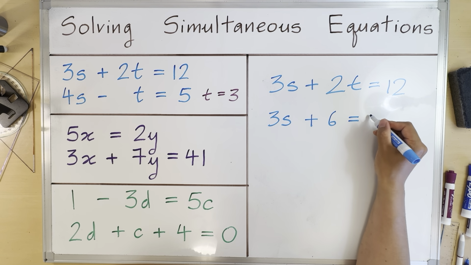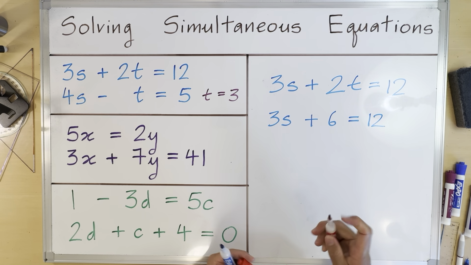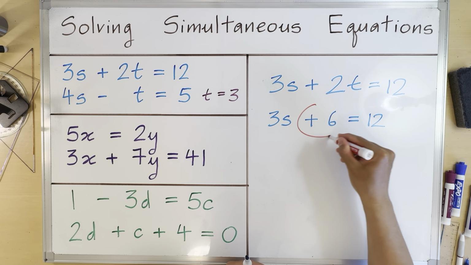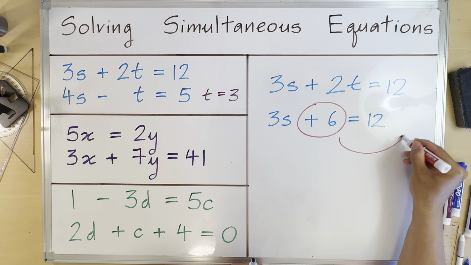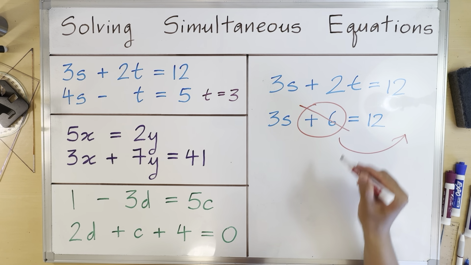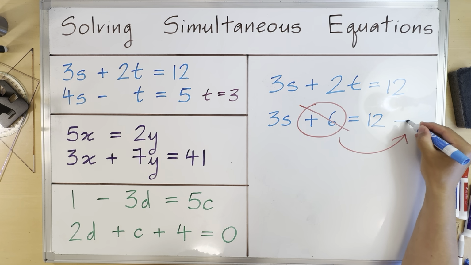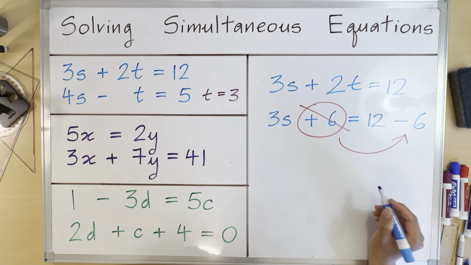This gives us 12. Now we're going to move positive 6 from the left side of the equation to the right side of the equation. So now this is gone, and this would be negative 6.